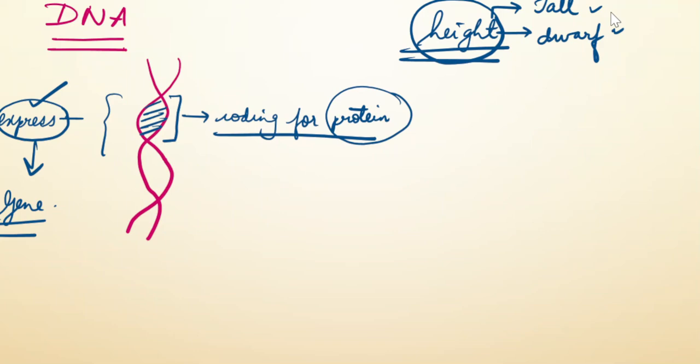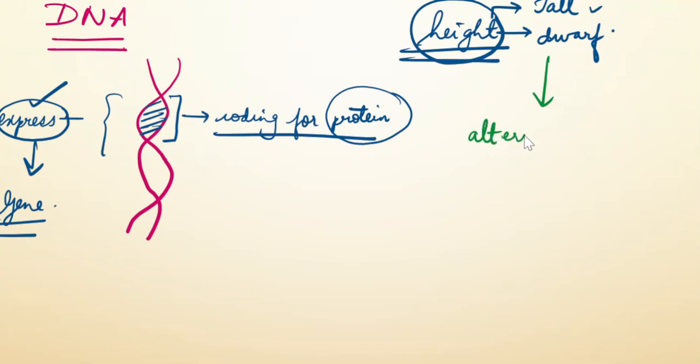So there will be two possibilities of this particular gene. These two possibilities, the alternative forms of a gene, are known as alleles.